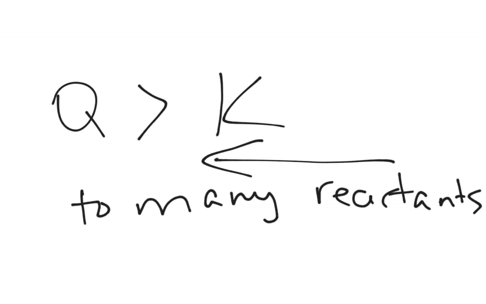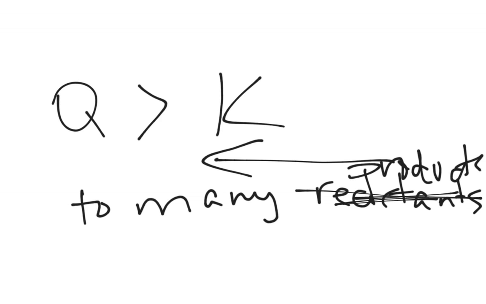Q is where we are at, K is where we're going to, and when we get to K, I will have fewer products and more reactants.